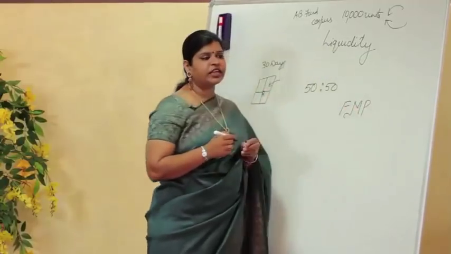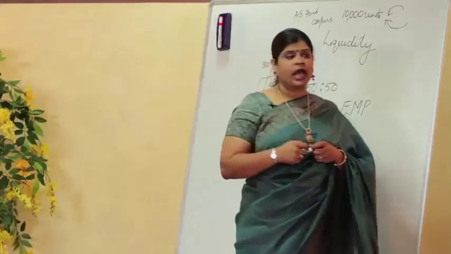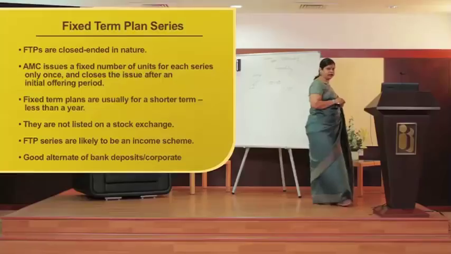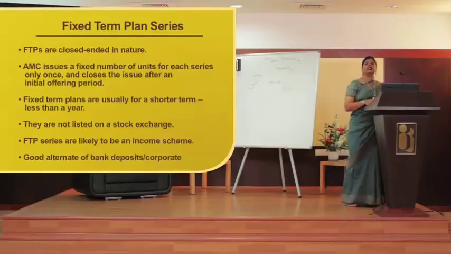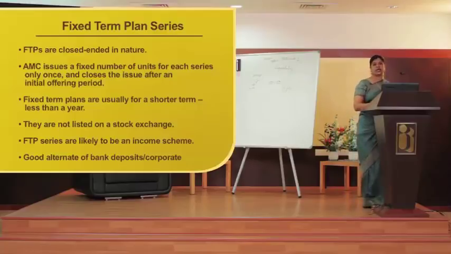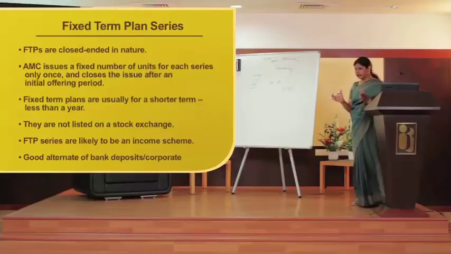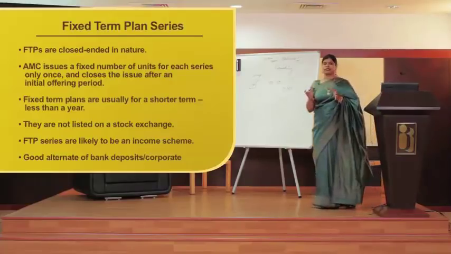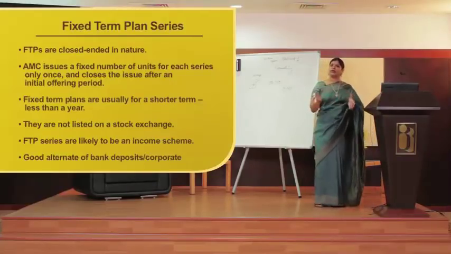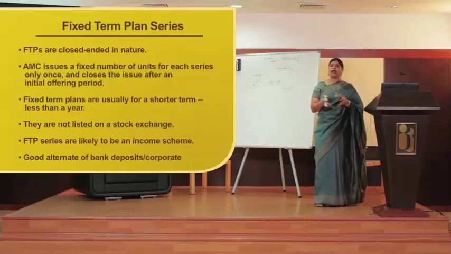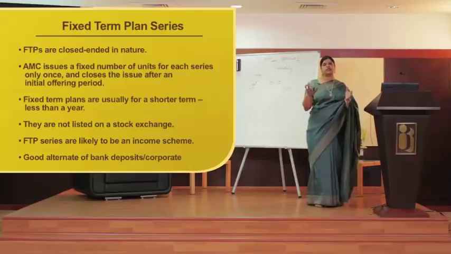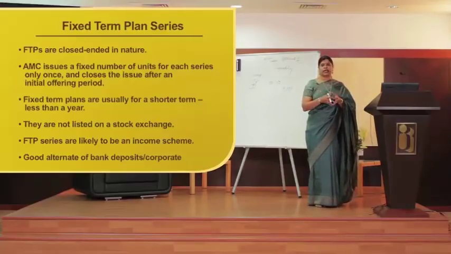The fixed term plan series are basically closed ended. So the first feature that FMPs have is that they are closed ended in nature. Once it is open for a specified period, during that period I can invest into an FTP. Once the investments are done, the window is closed and no more buying and selling can take place.